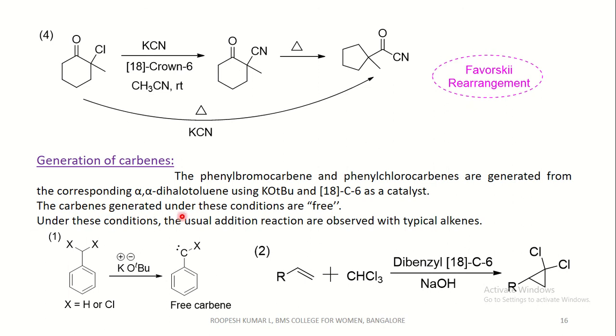The carbenes generated under these conditions are free carbenes, and this is an alpha,alpha-dihalotoluene, which reacts with potassium tertiary butoxide to form the corresponding free carbenes. Under these conditions, the usual addition reactions are observed with typical alkenes.